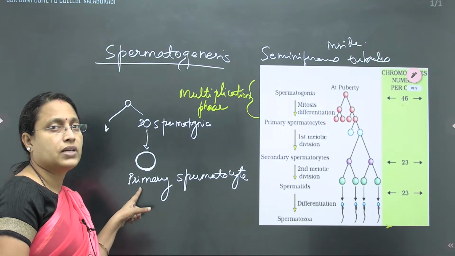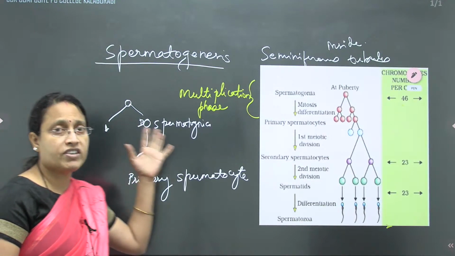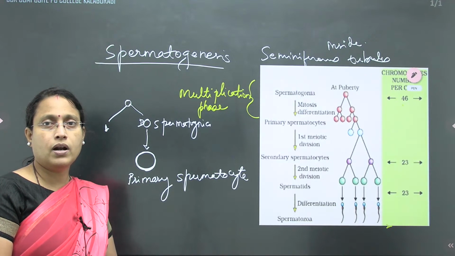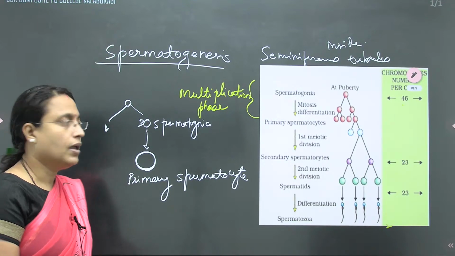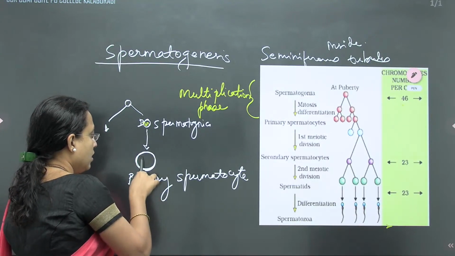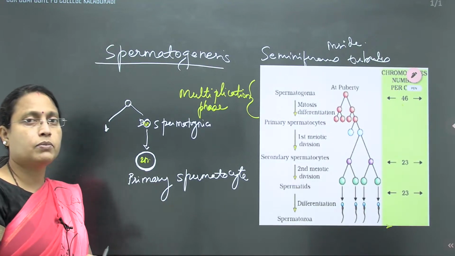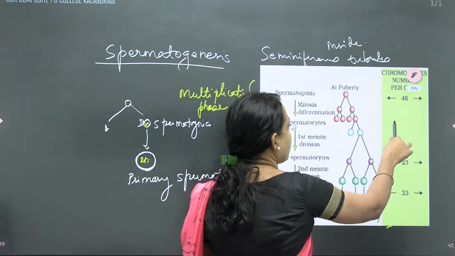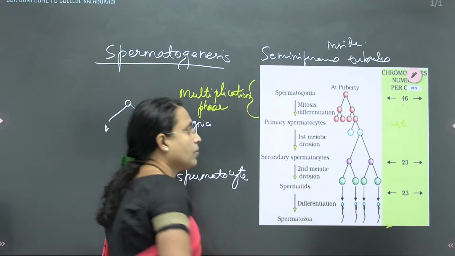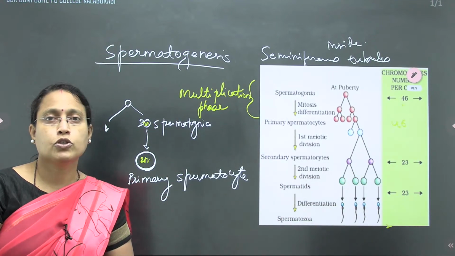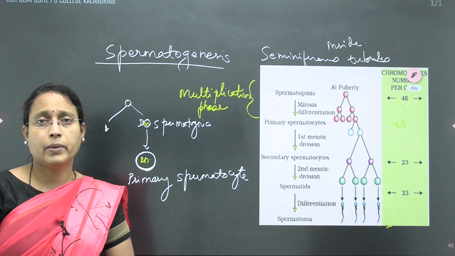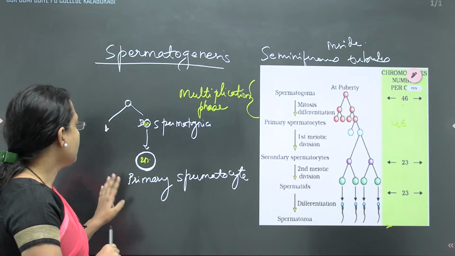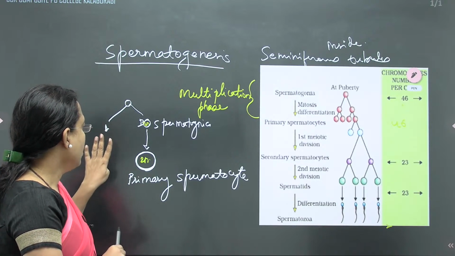Since no division is occurring, the chromosome number remains the same. If it is 2n here, the primary spermatocyte will also be 2n. That means here also it is 46, which is nothing but diploid, or 2n. Understand?